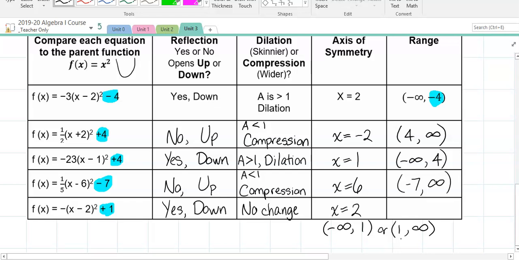Well, remember, we can tell if this graph opens up or down. This one opened down, so it went from negative infinity to the number. This one opened up, 4 to infinity. This one opened down, negative infinity to 4. This one opened up, the number to positive infinity. This one opens down, so it's going to go from negative infinity all the way up to 1. So that's my answer without graphing it.